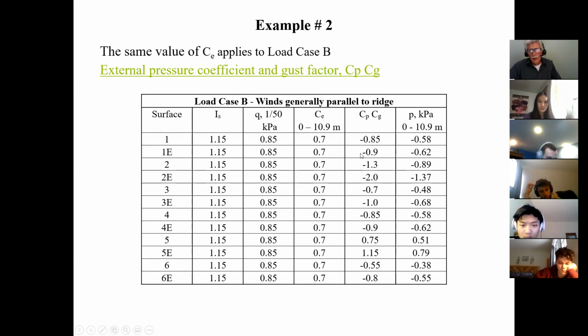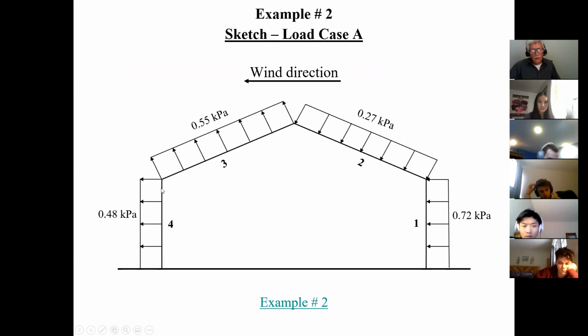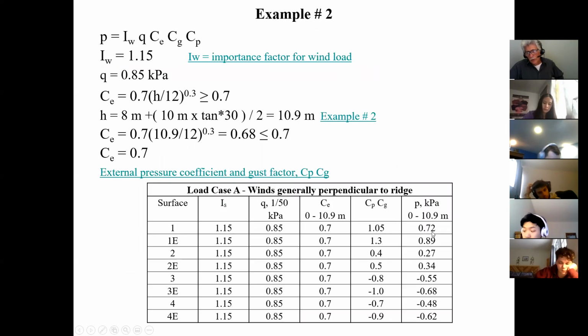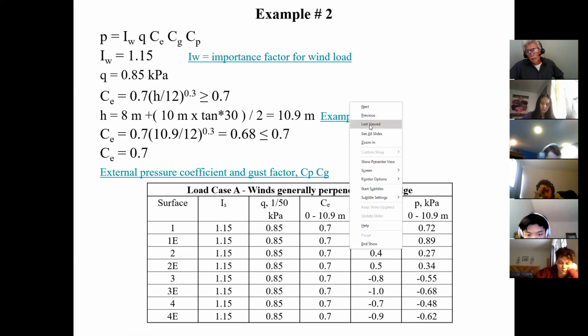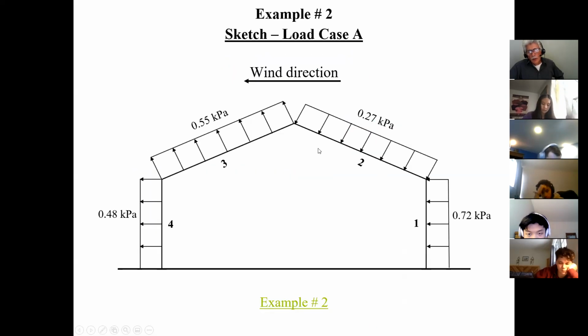And then once you've done that, we would do the same thing like we did before. We do our sketch, show the direction of the wind, and here you'll notice that I don't have an increase in wind pressure. It's uniform all the way across this wall, okay? So here's 1, 2, 3, and 4: positive, positive, negative, negative, and here's the numerical value of the pressures acting on surface 1, surface 2, surface 3, surface 4.